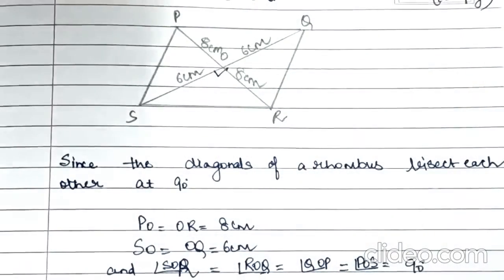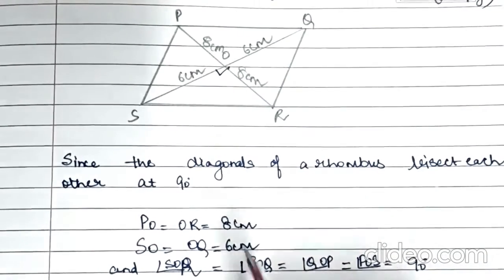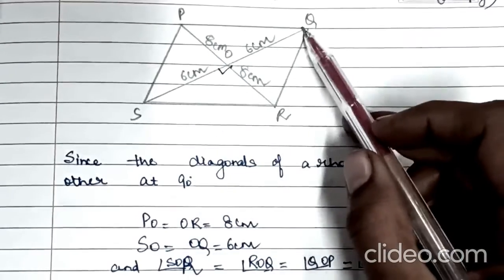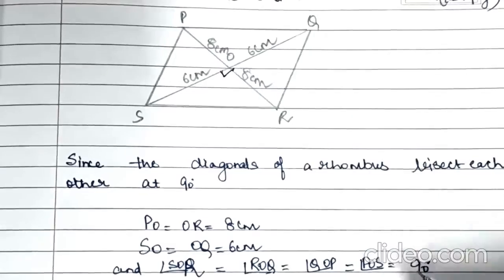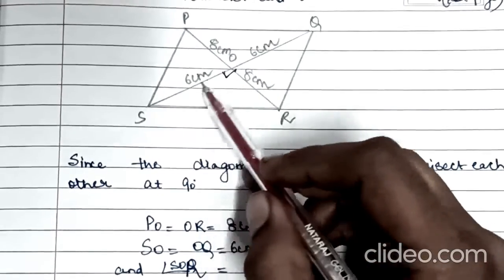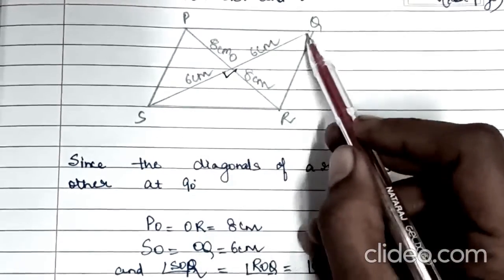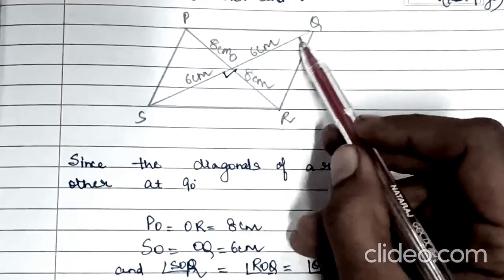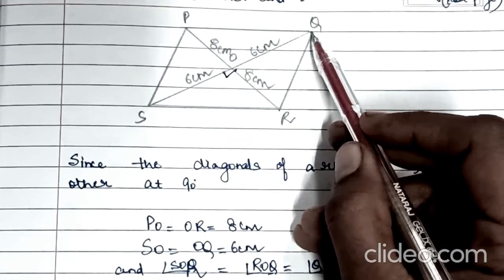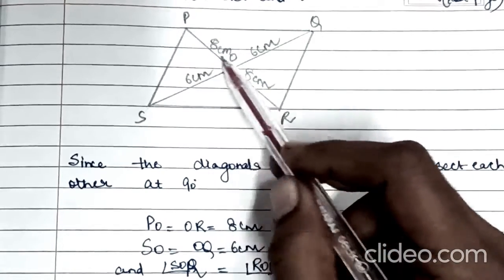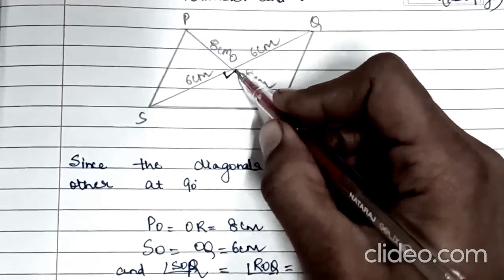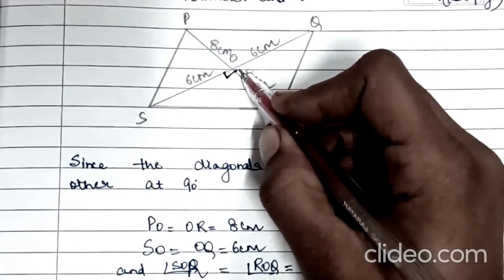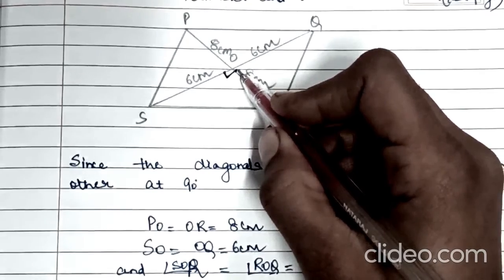Now we have discussed that the diagonals of the rhombus bisect each other at 90 degree. Now one diagonal is 12 centimeter, so this will be 6, 6. Other diagonal we got is 16 centimeter, so this will be 8, 8. Also the diagonals bisect each other at 90 degree.